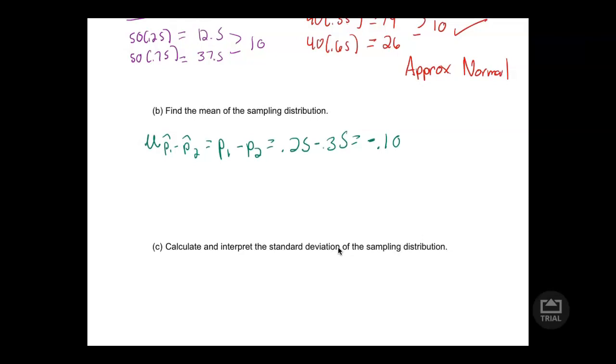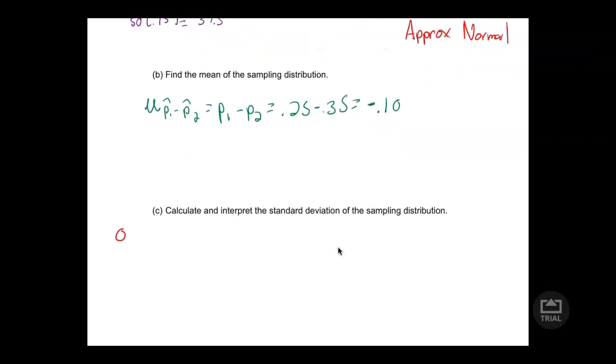Now for the last question, calculate and interpret the standard deviation of the sampling distribution. So for our standard deviation, and again, this formula is on your AP exam formula sheet, so you don't have to have it memorized. And hopefully you have that printed off so you can see it. It's the square root of P1 times 1 minus P1 all over N1 plus P2 times 1 minus P2 all over N2.